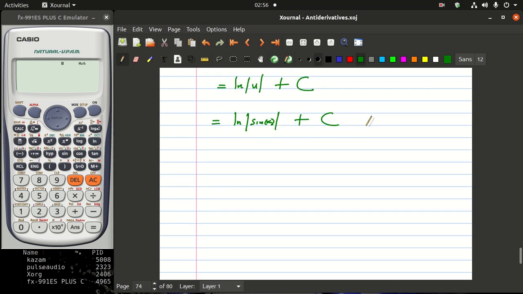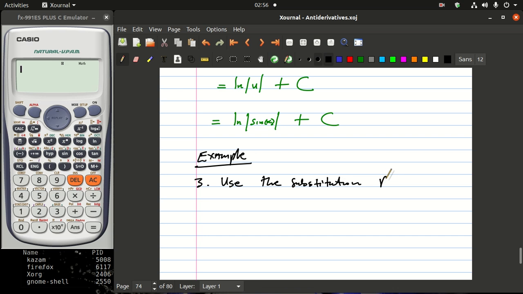Let's look at another example, the third example. Number 3.